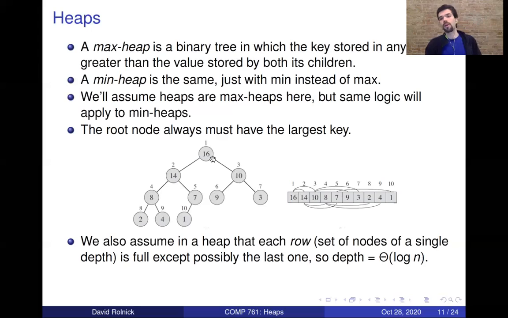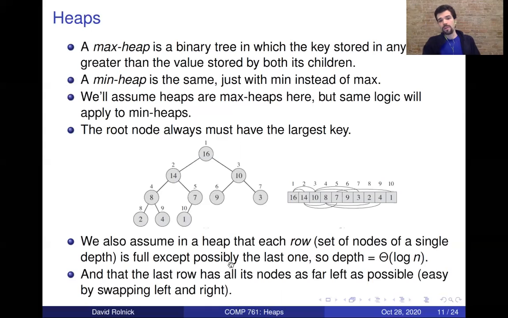We don't have one of these super unbalanced binary trees, which is just like a path. And we're also going to assume the last row has all its nodes as far left as possible, easy by swapping left and right. Like if this one was hanging out over here on the right-hand side, let's just move everything over to the left. Okay.